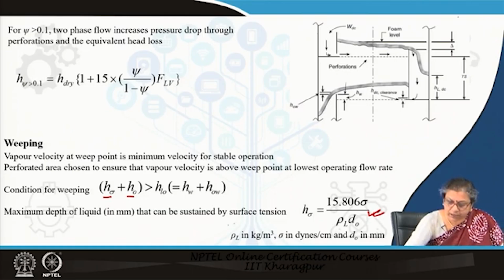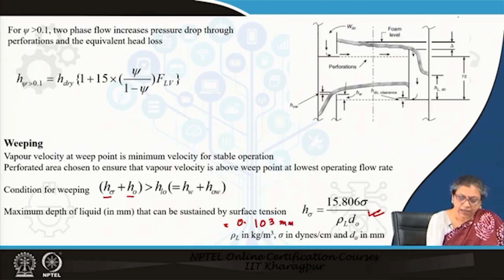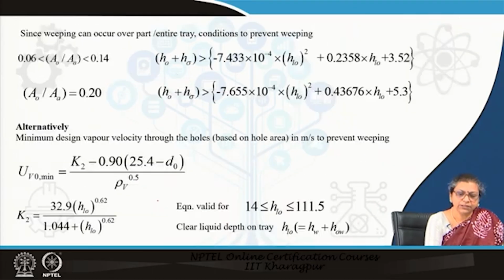This will be something around 0.103 millimeters. You can check it out, and HO we have already calculated, so most of the values are calculated here. If you just substitute them, you will find that more or less your particular condition is satisfied. So, therefore, from here you can find out the condition of weeping.